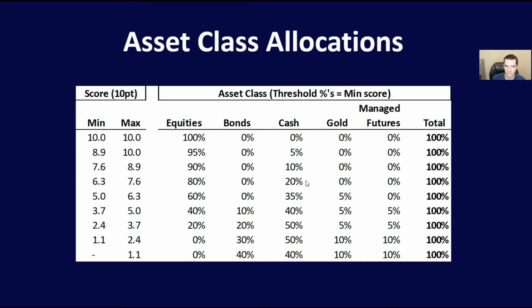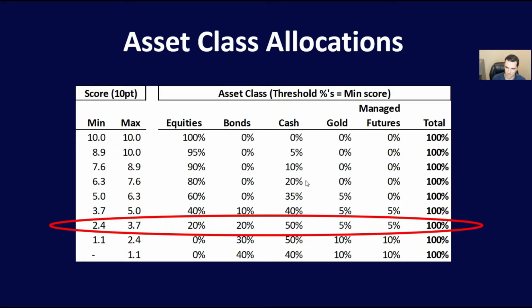You're not probably going to find this anywhere else unless someone's copied me, because I just sort of made this up as I went, and certainly it's subject to change as I continue to invest and learn and grow as an investor myself. So right now, of course, that means that we're in this range here at a score of 3.4.